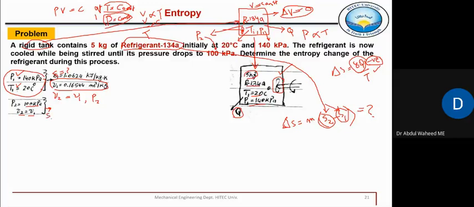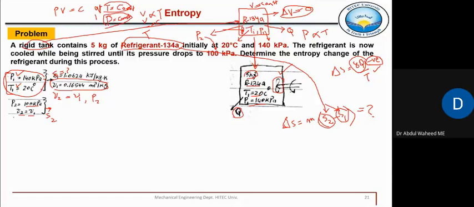So we need to find S2, the entropy. But again, just like at the initial state, first we determine whether it is in the superheated, mixture, or liquid region. Here we again need to find out, because a cooling process occurred. During this cooling process, there is a possibility that the substance enters the liquid region, because when you cool something, its phase may change from gas to liquid.